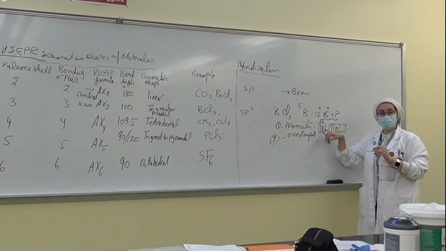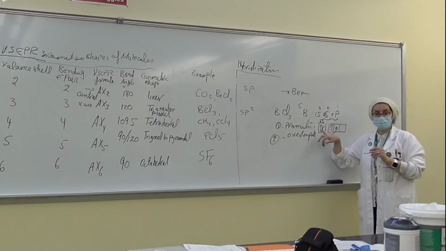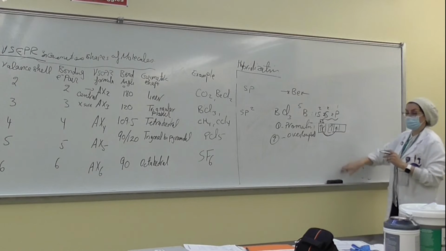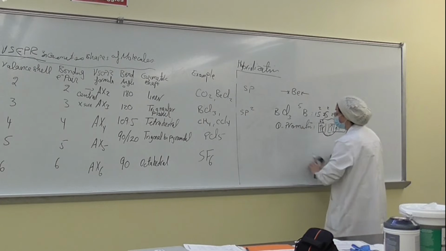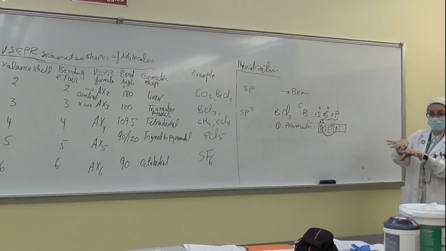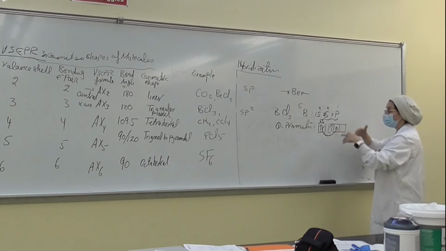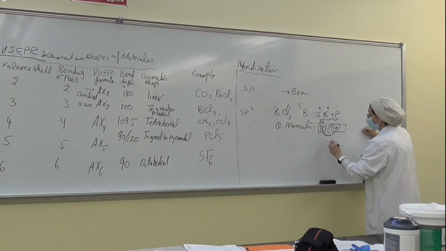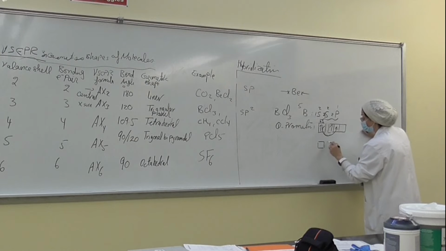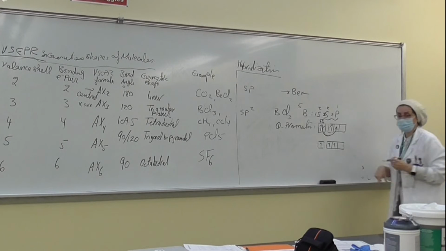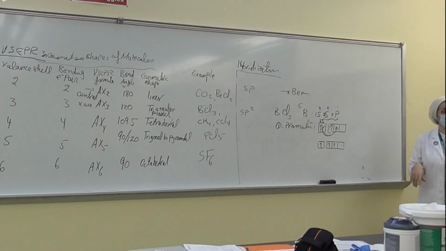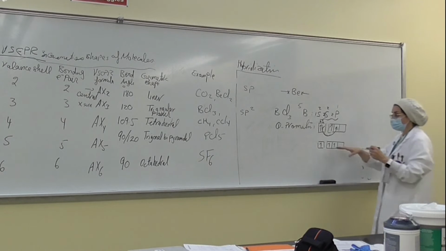One of the s electrons is going to be promoted to a p orbital. And we know p orbitals, although they are almost the same, are a little bit higher in energy than s, right? So that's why we call it promotion. When we have promotion, now we have 3 singles, right? 3 singles.